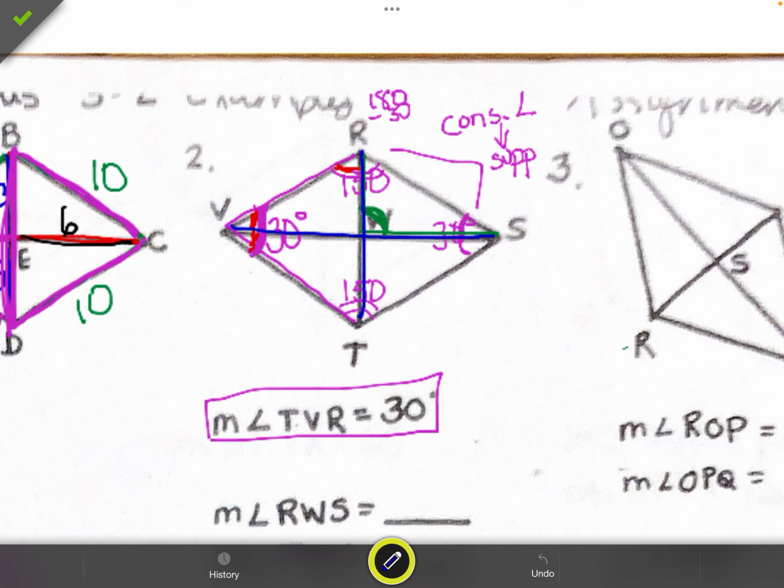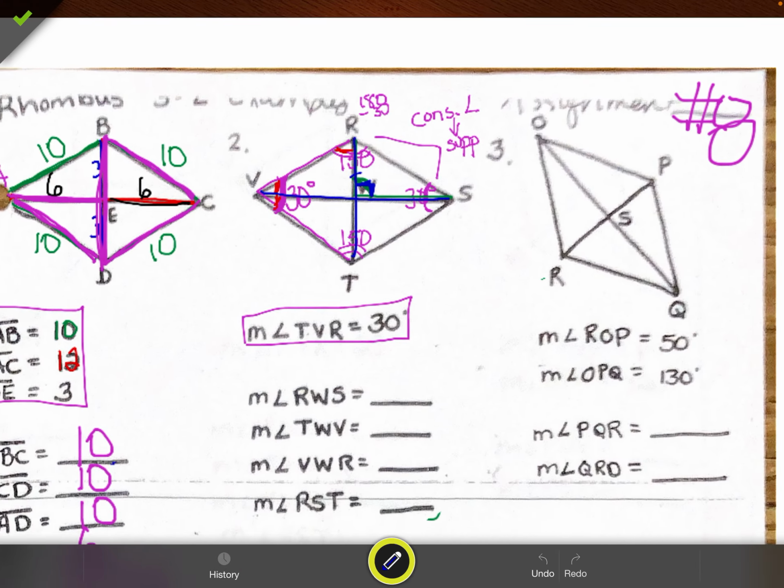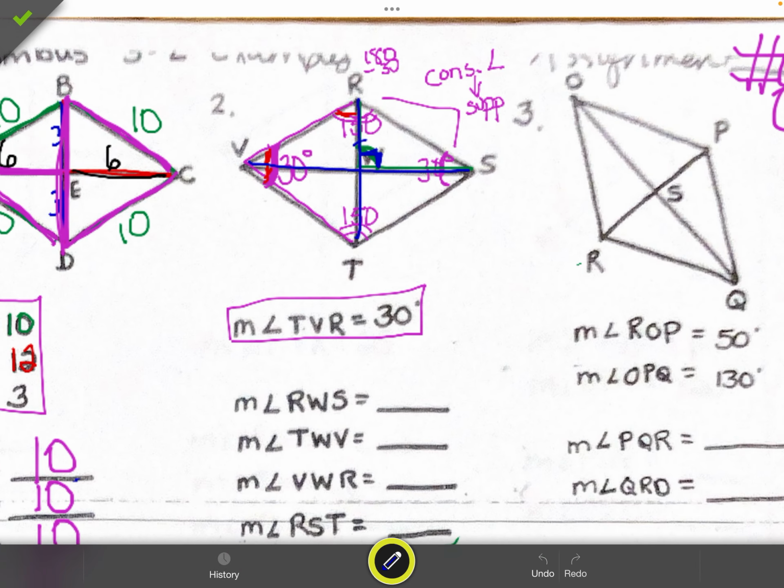So these four angles in the middle of your rhombus are all 90 degrees. That one is 90, this one would be 90, this one would be 90, this one would be 90. But we're only looking for that one I actually have marked in green. Since that's the angle I'm looking for and diagonals are perpendicular, that means it is 90 degrees.